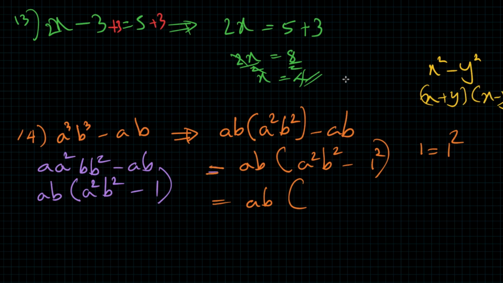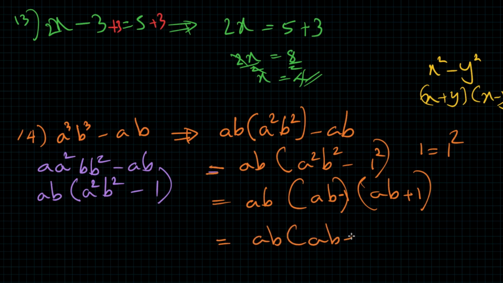So the same applies here: (ab minus 1)(ab plus 1). So this is the factorization. I think we can't do anything else here. ab minus 1, ab plus 1. I'm writing this one for clarity. Let's delete this note.